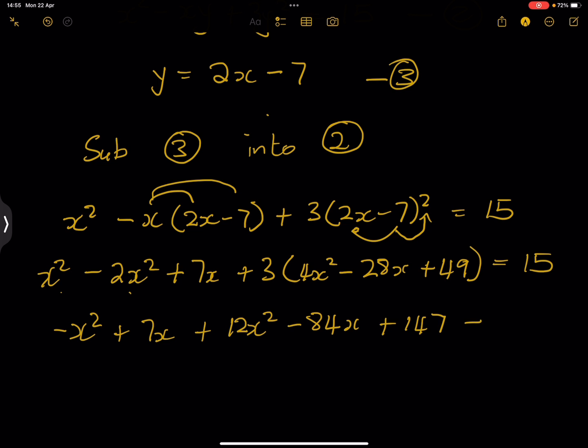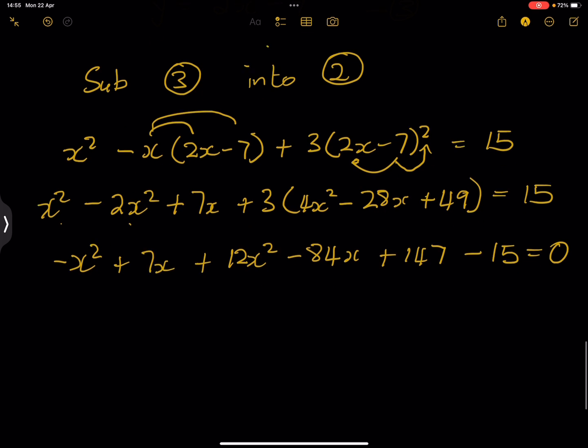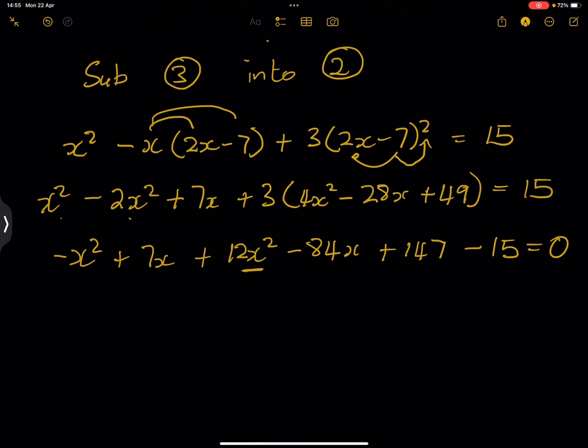I'm going to bring the 15 to this side so that I just simplify. So I've got 12x squared minus x squared. That will give me 11x squared. And I've got 7 minus the 84x, and that would give me minus 77x.